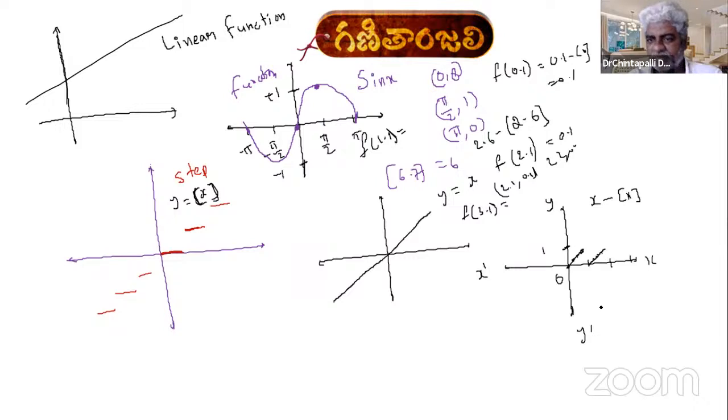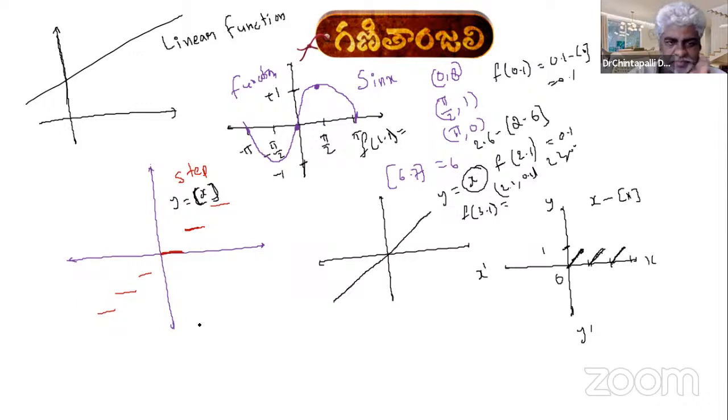So this is the graph of x minus step x. See how the graph changes. This is x. This is step x. But the graph of x minus step x is like this. Just like this.